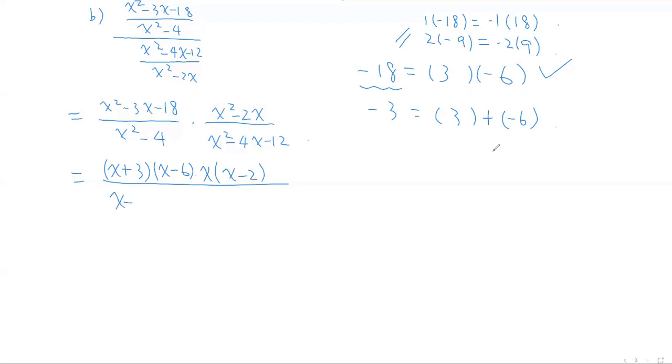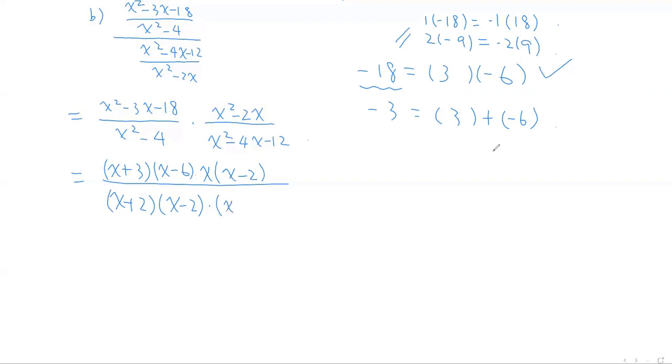Negative 4 is negative 2 squared, so you have a plus b, a minus b: x plus 2 times x minus 2. Then the second denominator, negative 12. And here we have 2 times negative 6.